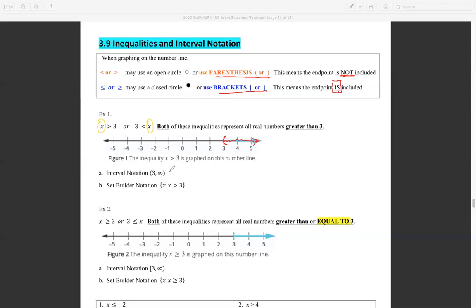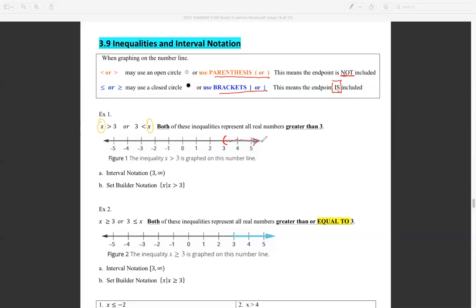Now, as far as interval notation goes, that's just the smallest amount of information you can put down to represent your graph. So you go smallest to largest in numerical order, left to right. It starts at 3, and it's a parenthesis, so that's why there's a parenthesis there. That means you're not allowed to use 3, but you can use anything greater than 3.